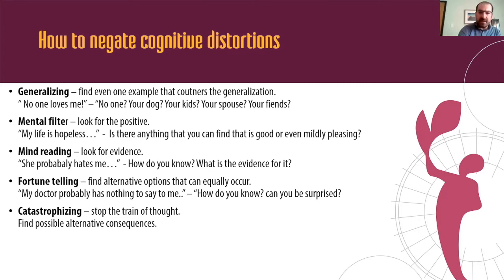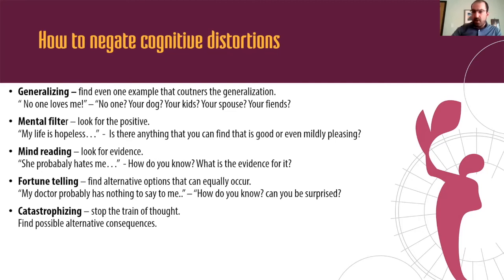From one thing we can find another and another, and lo and behold, we can find many, many more things. So the statement, my life is hopeless, is no longer accurate, because we found all of these other things that are actually pleasing.